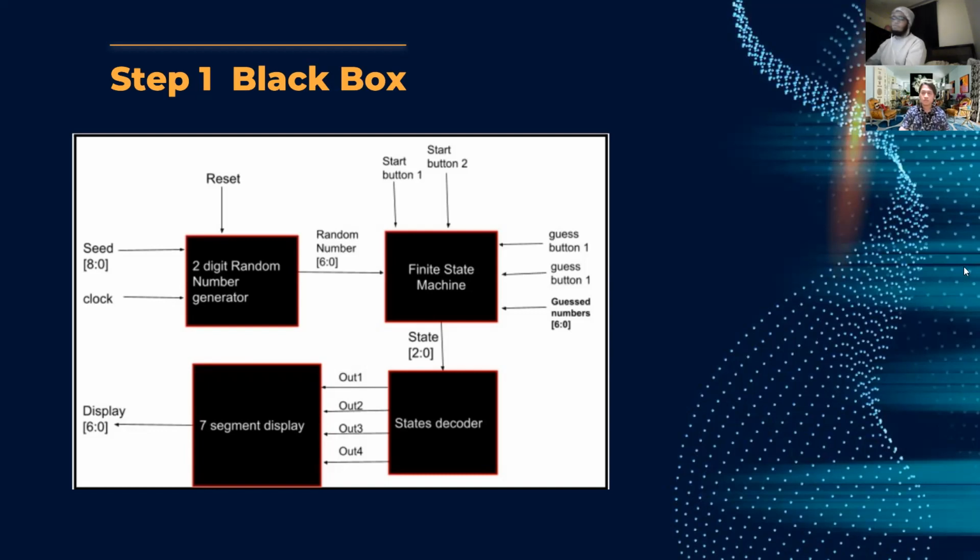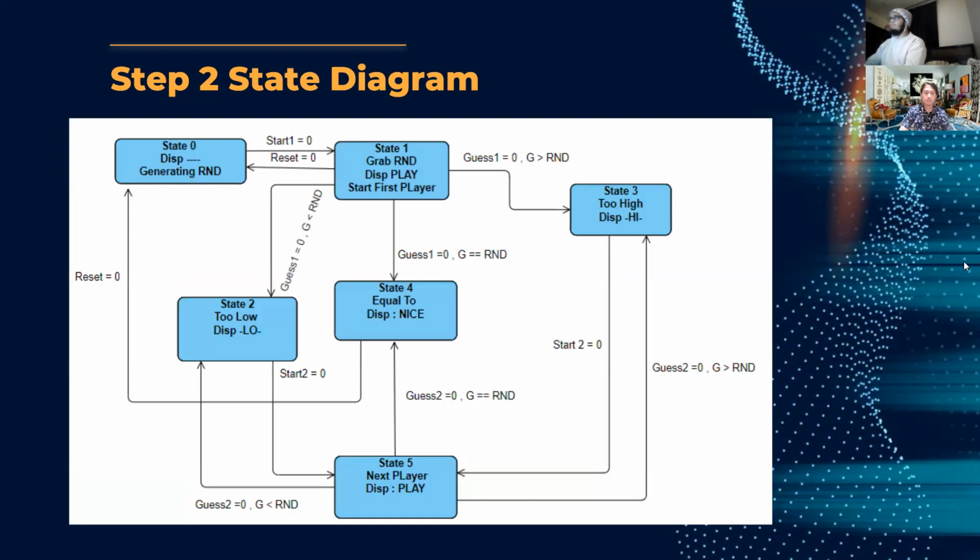Going into step two, we will explain the state diagram that we made for the game. As you can see, we have 6 states, which go from state 0 to state 5.